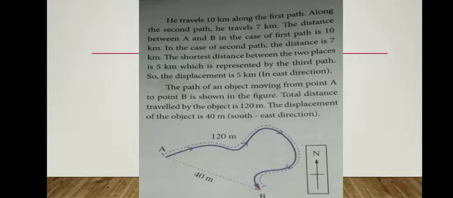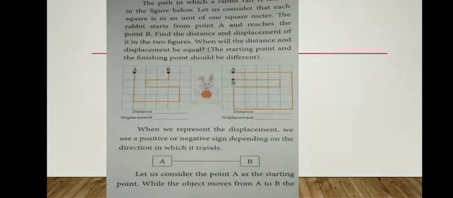But what is the displacement here? The shortest length between the two points is what we call displacement. Here the displacement is 40 meters only. This is the distance, and this is the displacement.